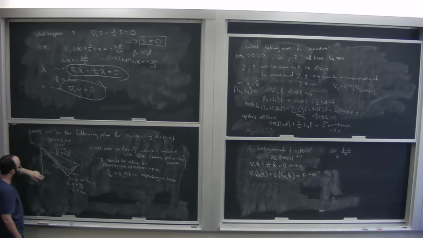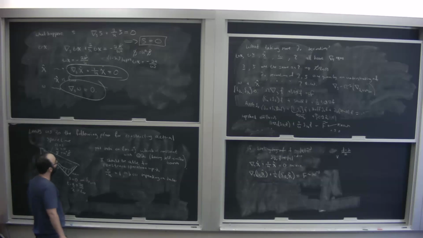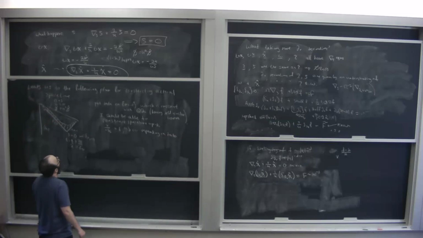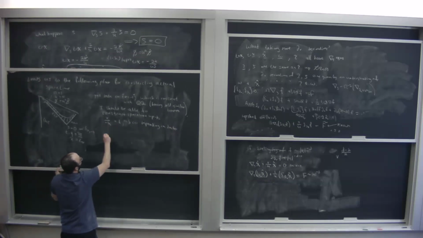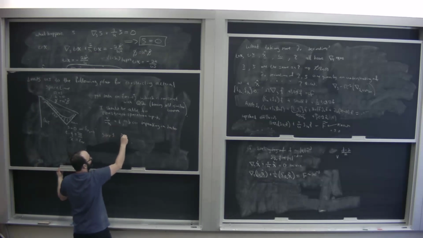So the first thing you can try to do is prove that this solution actually exists up to v over minus u equals delta for some sufficiently small delta. You should be able to do that. So step one, prove that.